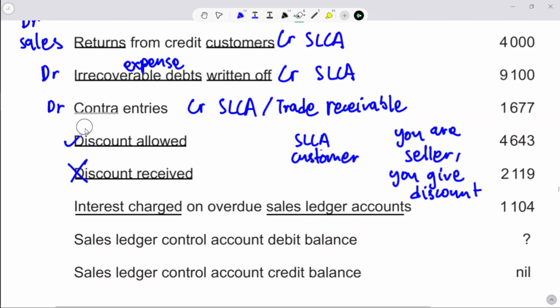Let me remove this. So discount allowed, you allow them discount, so it's an expense. So it's debit. Then this blank one refers to SLCA. So this one debit, so this one will become credit.